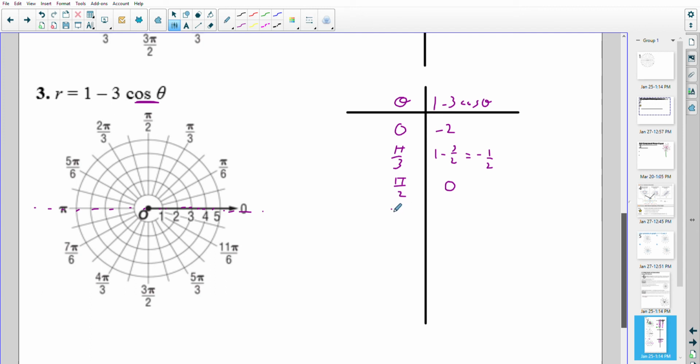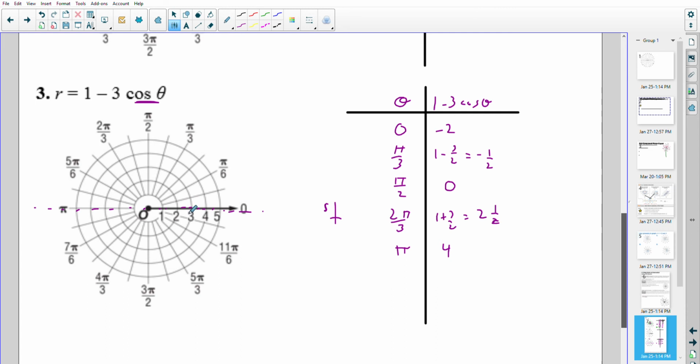And 2 pi over 3, let's see. Santa Claus says that S is positive, cosine's negative. So that means it's going to be a -1/2. So it's 1 plus 3/2, which equals 2.5. And pi, which is -1, that's going to give me 4.